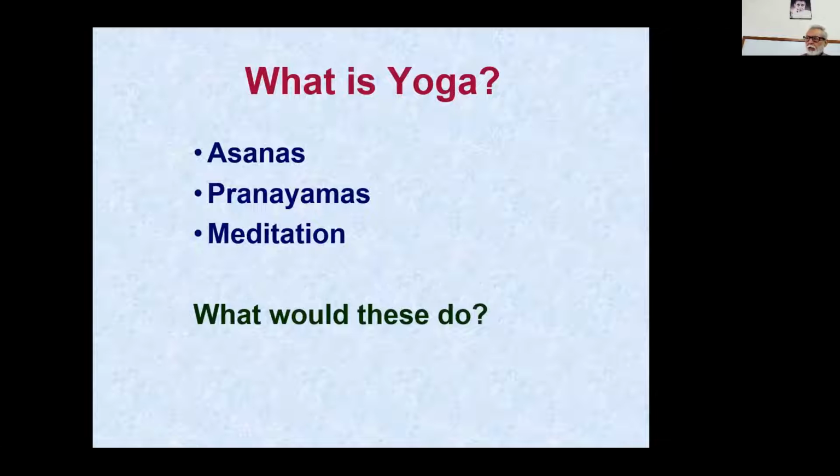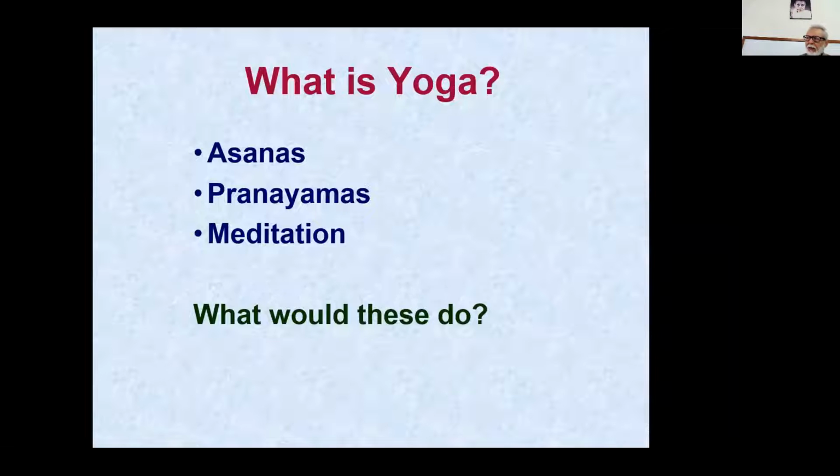Now, what do these techniques do? The asanas primarily improve our physical health. Pranayamas are a sort of a bridge between the body and the mind, and therefore would help both the body and the mind. And meditation would primarily help us improve the function of the mind. So that is what these would do.